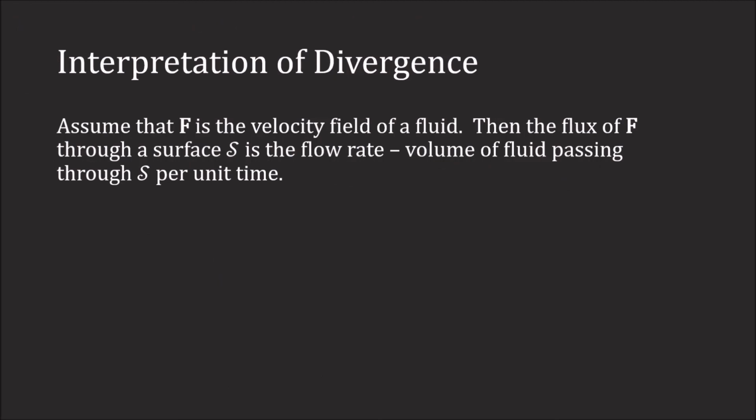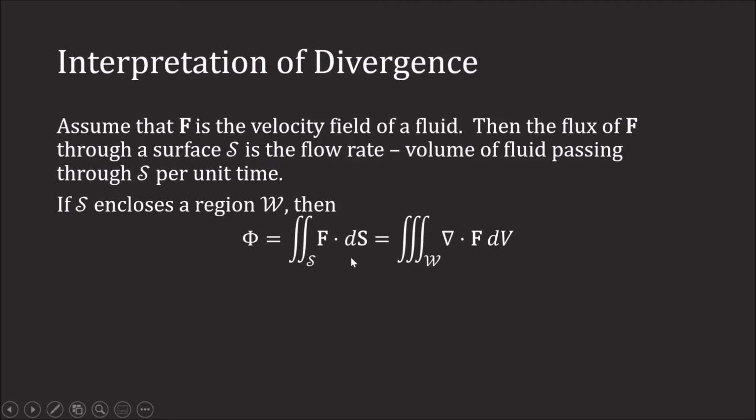Now with the divergence theorem, we can find an interpretation for divergence. If we assume that F is the velocity field of a fluid, then the flux of F through a surface S is the flow rate, right? That is, it's the volume of fluid passing through S per unit time. If S encloses a region W, then the flux is the surface integral, which is this triple integral by the divergence theorem.